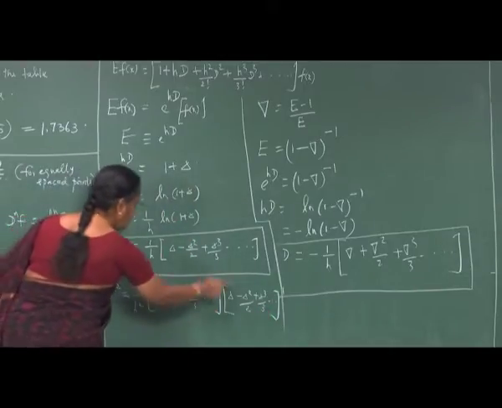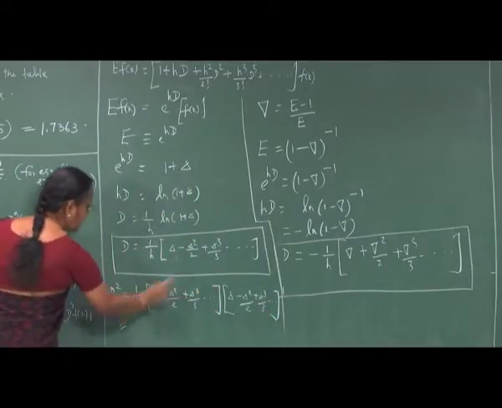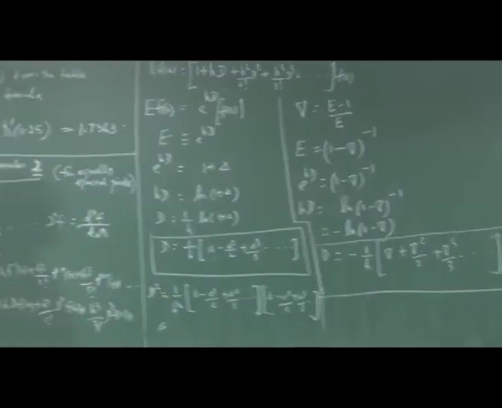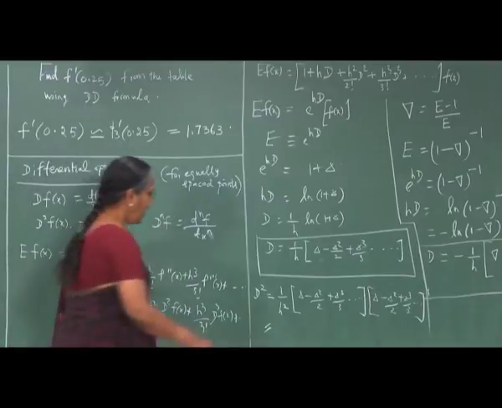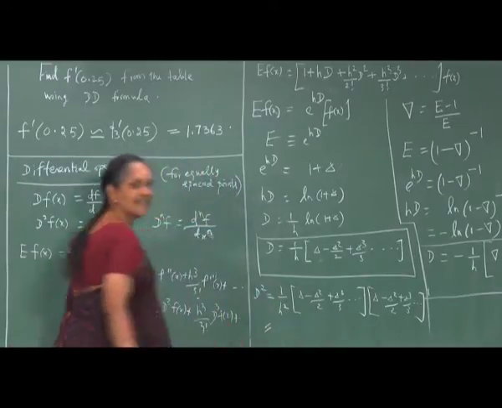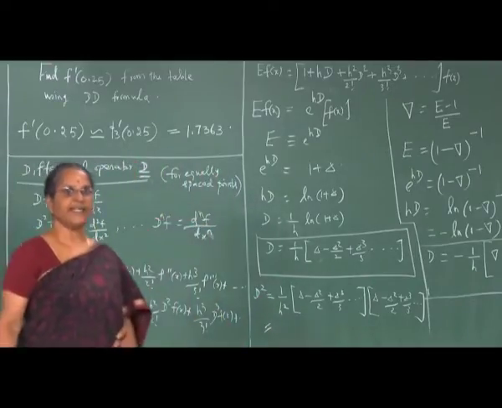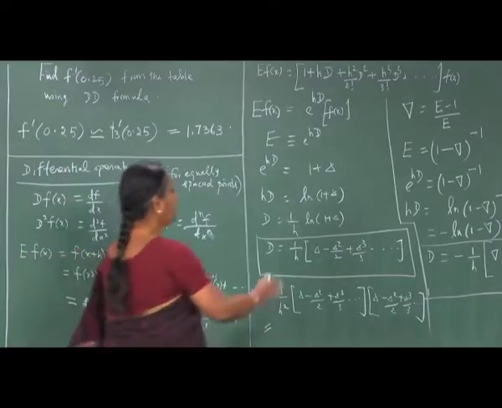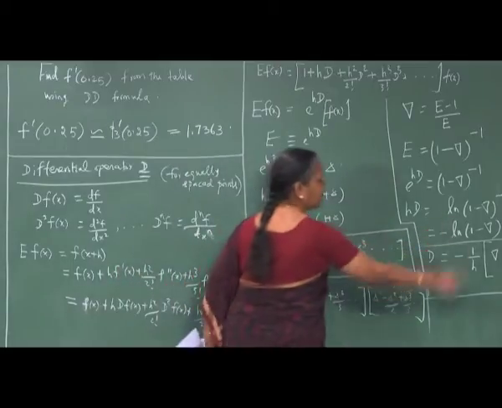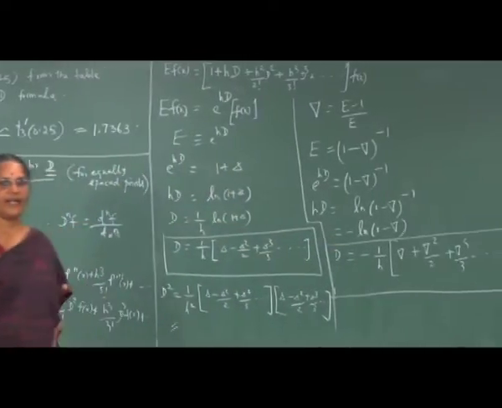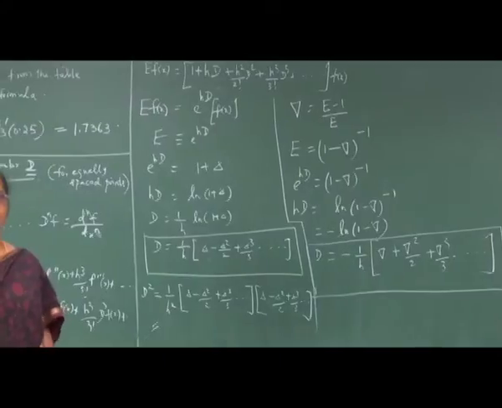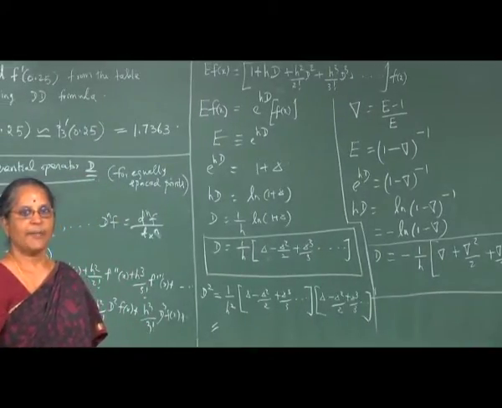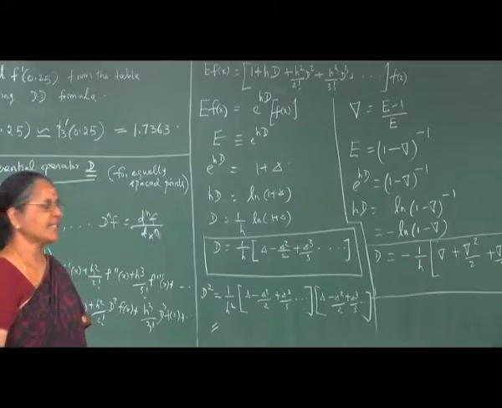So, I can compute the result and write down D² in terms of the forward difference operator, and higher order derivatives can be successively obtained in terms of the forward difference operator. The same thing can be done in respect of the backward difference operator, and higher order derivatives can be obtained if we know information about the backward differences of different orders.